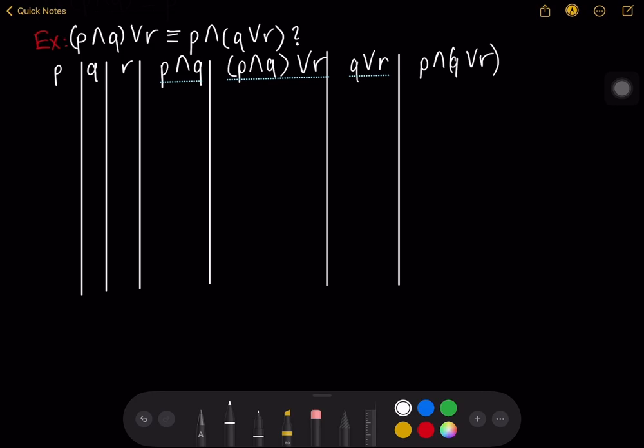Okay, so since we have 3 variables, now 2 cubed is 8, right? So we need 8 rows for this. So we have true, true, true, true, false, false, false, false, true, true, false, false, true, true, false, false, and then true, false.